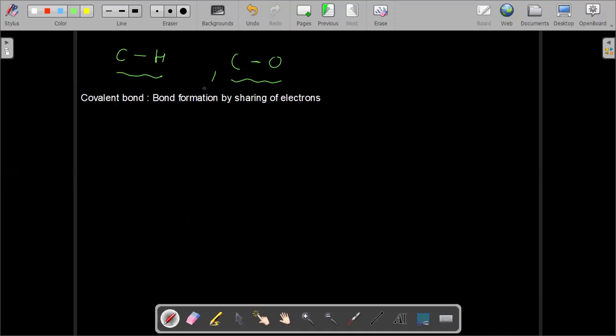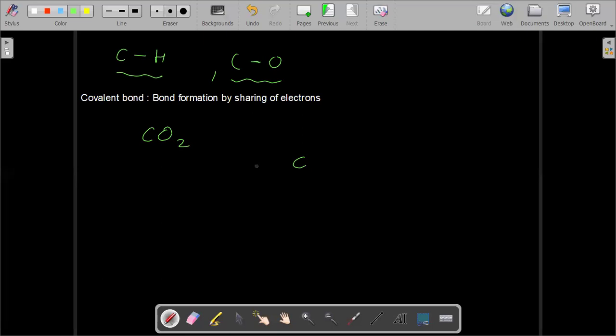How does carbon form bonds with oxygen? Carbon is not in a position to donate all 4 electrons. We have studied carbon dioxide. It is not possible for carbon to give out all its 4 electrons.